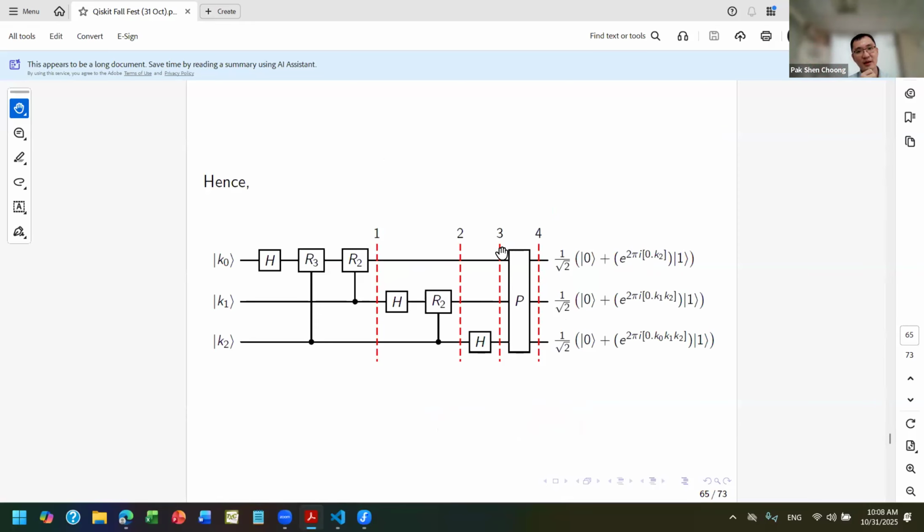I stated step 3 just now, but I haven't performed the permutation matrix. Permutation basically rotates. So in this case, your K1, of course, does not change because there's nothing for you to permutate. But K0 will change to K2, and K2 will change to K0.